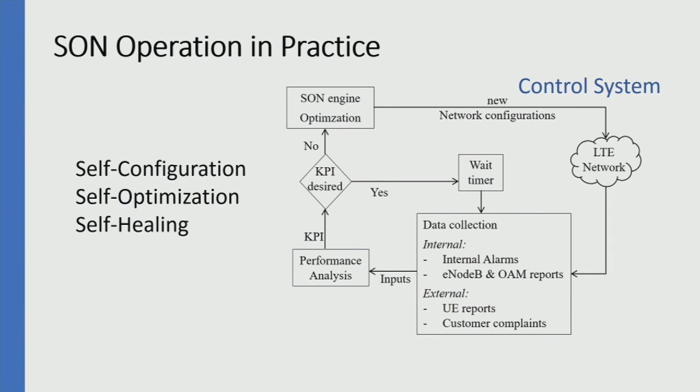And whenever it connects back to the network, it uploads this information to the network. So the network can use this to troubleshoot coverage problems and so on. So lots of information is being fed into this optimization engine.